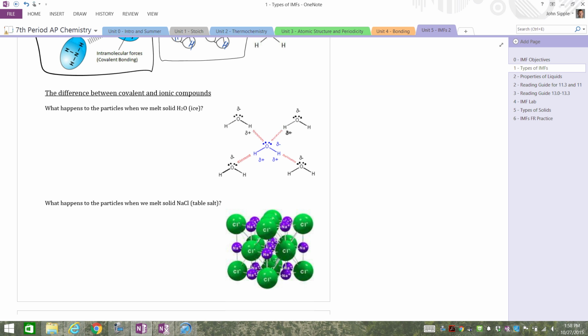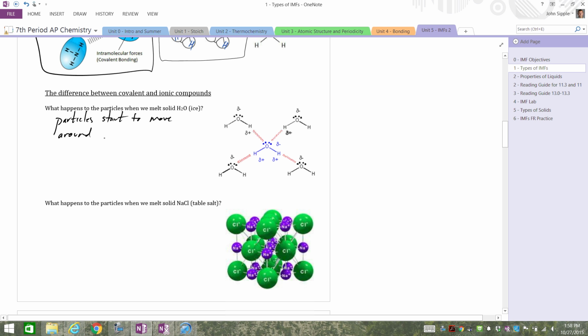The hydrogen bonds break. Ultimately, really simply, they're spreading out because they can move around now. They start to move around.